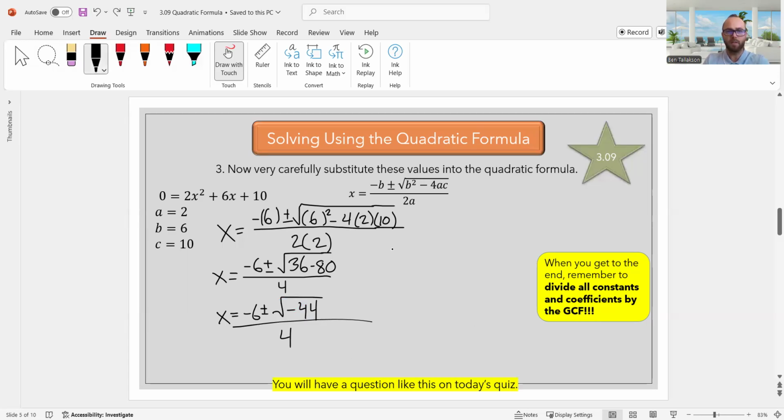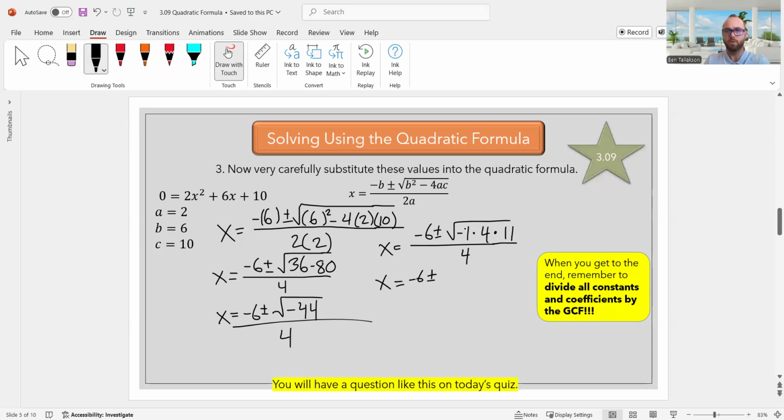So what are the factors of negative 44? Let's see. Well, you should right away always factor out negative 1. You could use a factor tree on the side, but most of us can quickly see that 4 times 11 would give us 44. And 4 is a perfect square, 11's prime. So it's looking good.